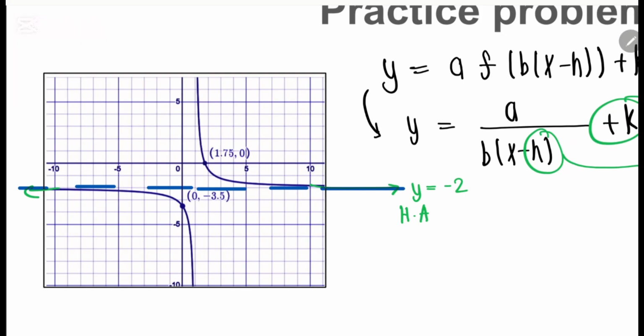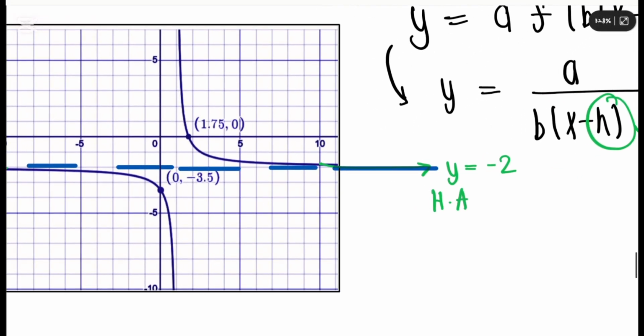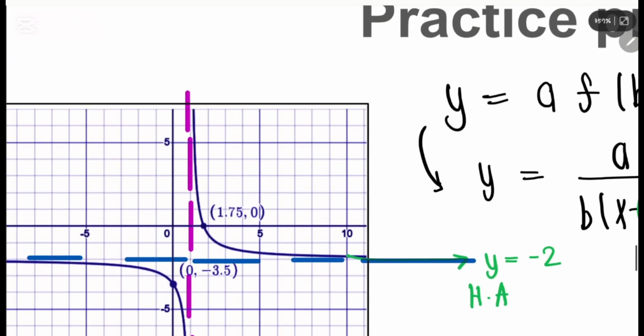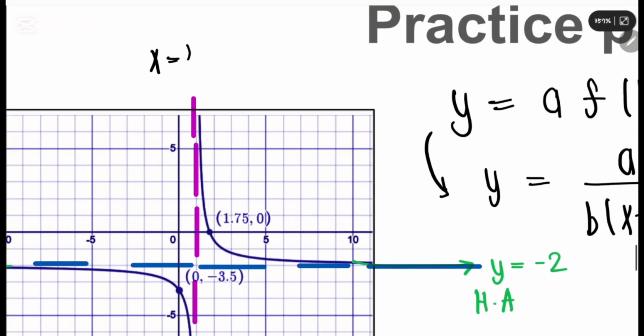Okay. Again, vertical asymptote, same thing. It's the vertical line that as the function extends to infinity, it's approaching that value. So x equals 1 is your vertical asymptote.